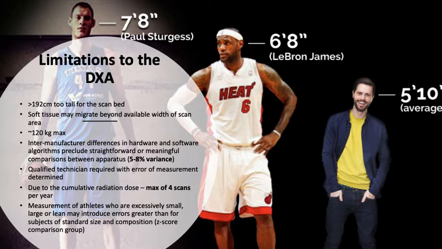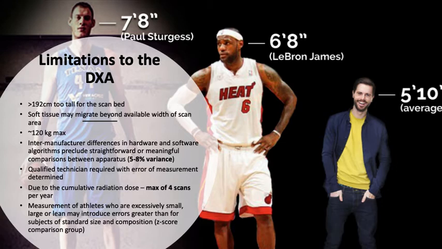And then you have to piece the results together of those 2 scans, which again increases the error rate, and the interpretation of the results may be a little flawed. As well, there's a max weight for the bed of 120 kilograms, which isn't that much. So there are some limitations.